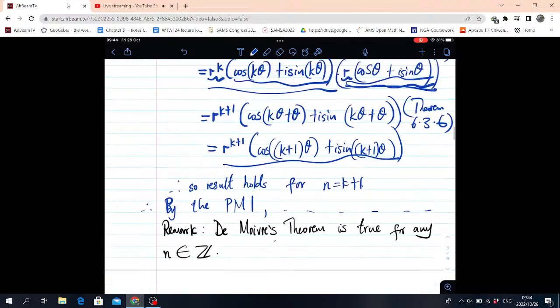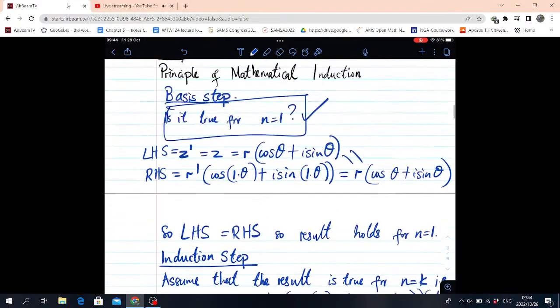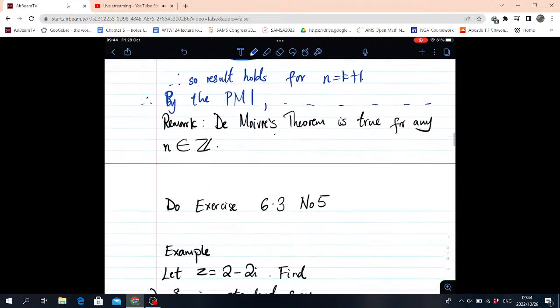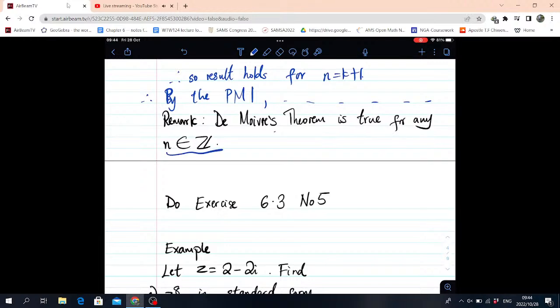So here, remember I mentioned that we just proved it for natural numbers. That's why we can use induction. But the statement is actually true for any integer that you pick. So if you look at exercise 6.3, number 5 in the textbook, it will ask you to do the full proof by looking at the negative values. Again, you use induction, you just have to make sure that when you're dealing with the negatives, you just deal with those ones.